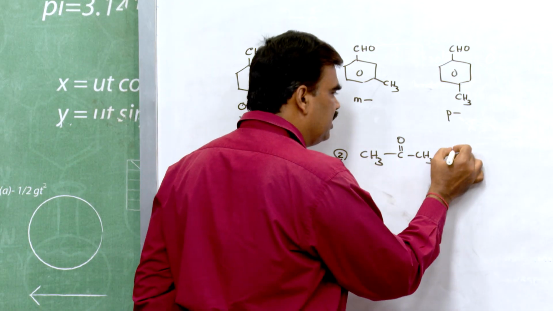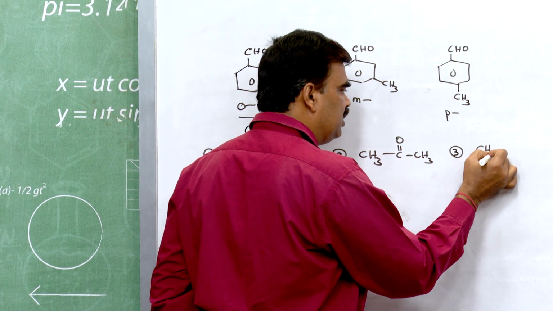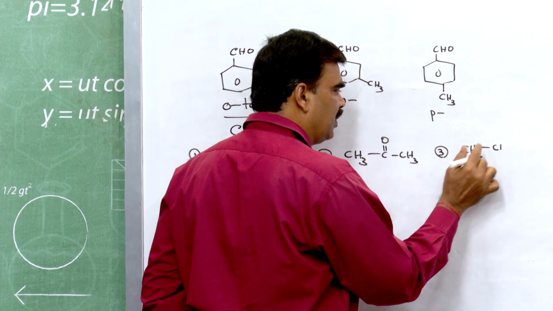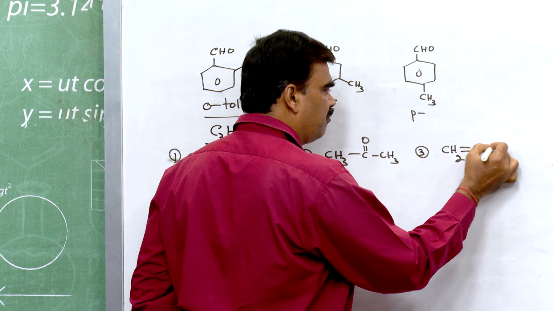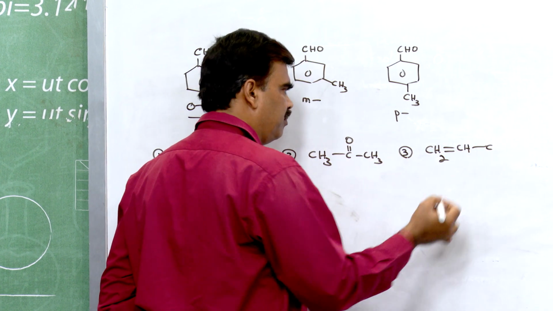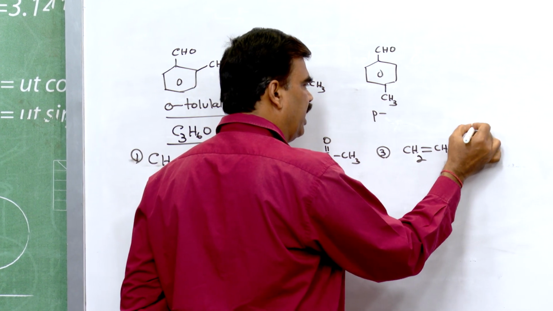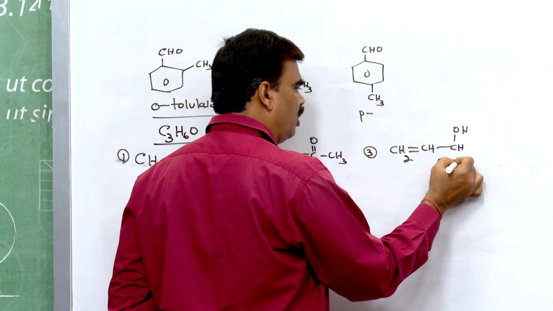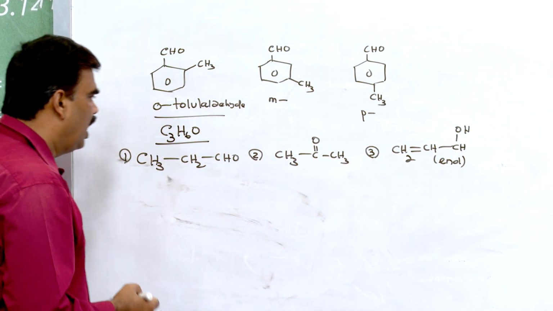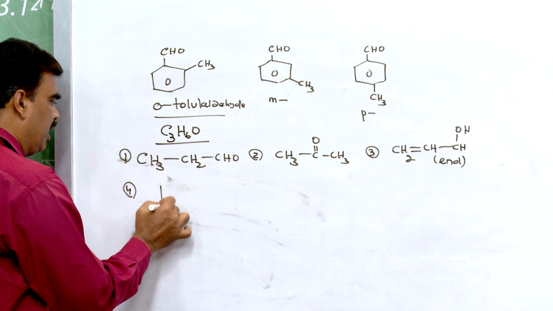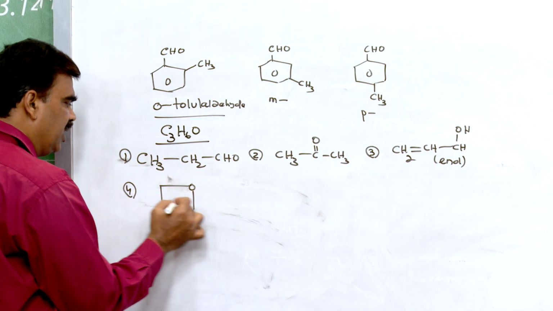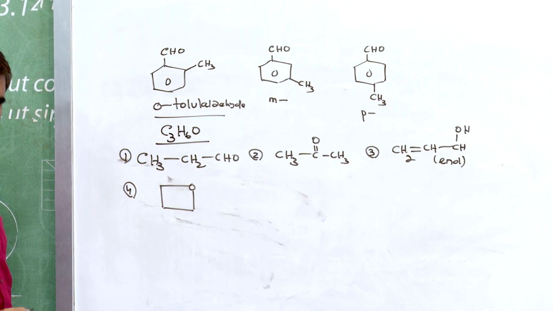Next I can write CH3, this is enol, and a fourth one I can have oxetane, C3H6O, cyclic ether.